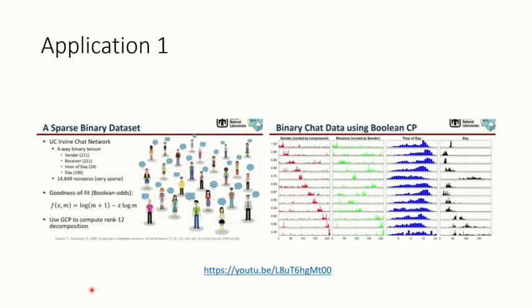And how many components did they use? 12 components. Okay, some components discover the peak use, maybe communication on different days, and what the peak is. So somehow they give you some insights about this network involvement.